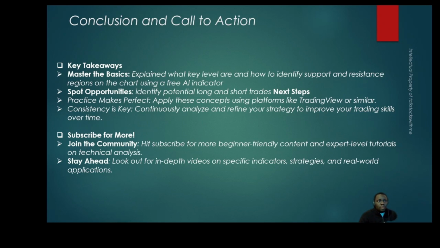I also described how market participants usually use these regions, which are the support regions, to implement long trades. Once they see that the support region is confirmed, and they have some other reason why they believe the stock price is going to go up, they set their long position there and set the stop loss below the support region.